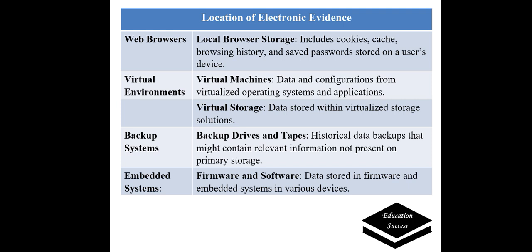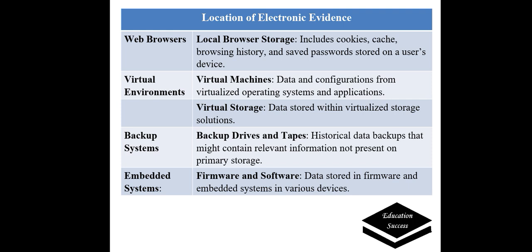Next location is backup systems. Backup drives and tapes include historical data backups that might contain relevant information not present on primary storage. Next location is embedded systems. This is data stored in firmware and software in embedded systems in various devices.